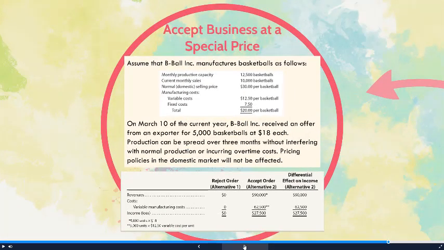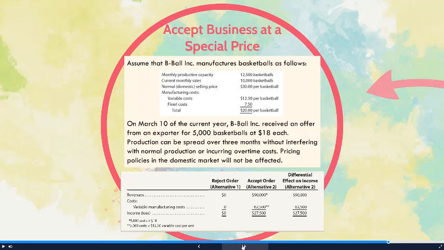And finally, the last decision that we're going to look at is whether or not we should accept business at a special price. This business is in addition to our normal business and would not affect our demand. Again, we have to make sure we have the capacity to accept this additional business. And if we do, then we can look at what price our customer is willing to pay us.